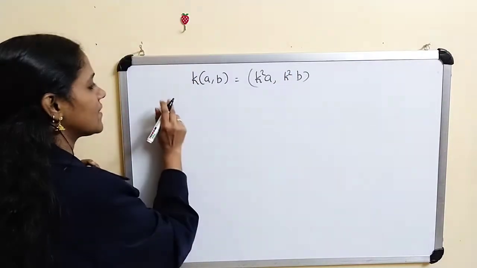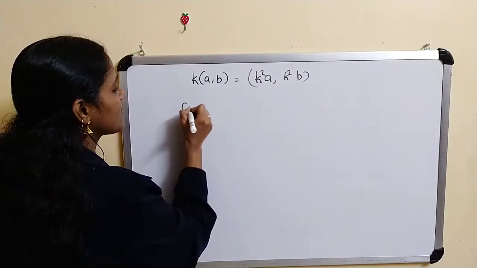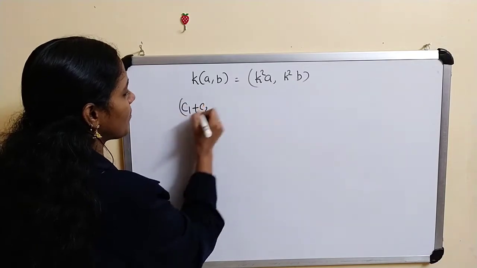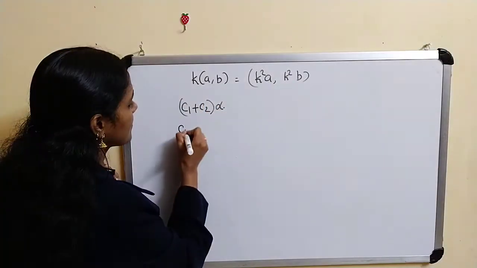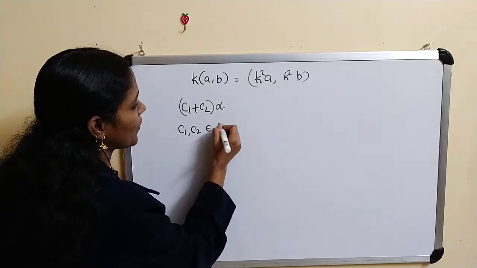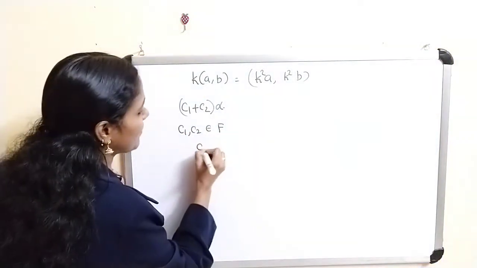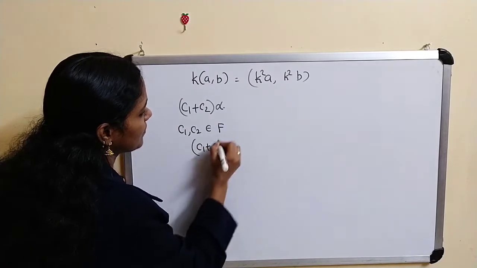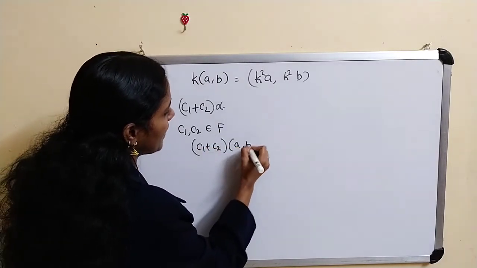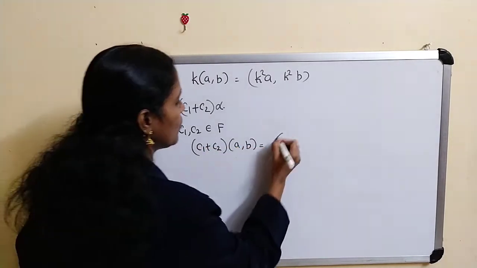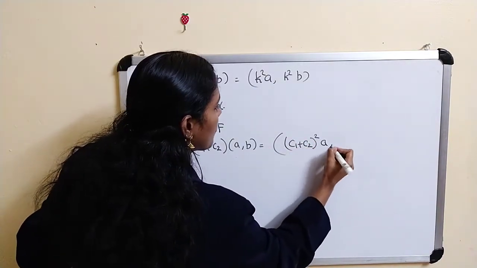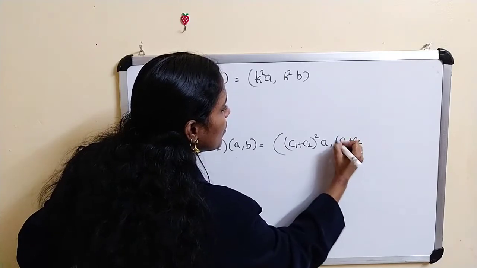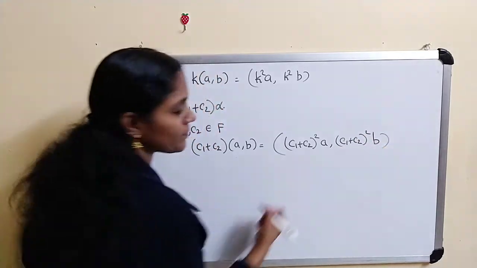So if you consider the property (c1 plus c2) alpha in vector spaces, where c1, c2 belong to F, now what is (c1 plus c2) alpha? (c1 plus c2)(a,b) is equal to, by definition, ((c1 plus c2) whole square a, (c1 plus c2) whole square b).